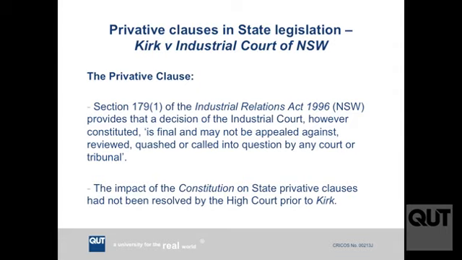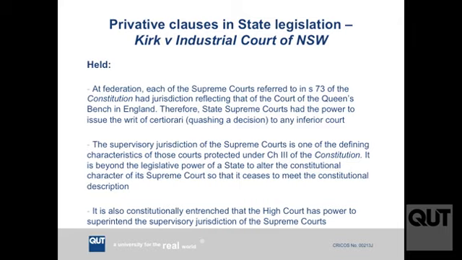As I said, before the case of Kirk, it was unclear whether this type of clause would be constitutionally valid in the light of the decision in Plaintiff S157. This was all clarified by the High Court's ruling in Kirk.